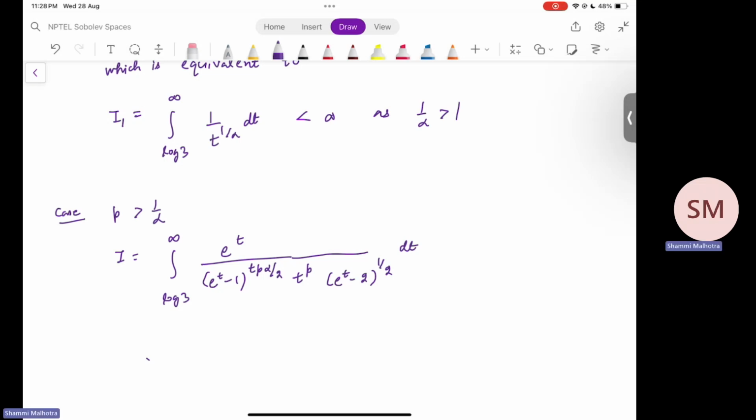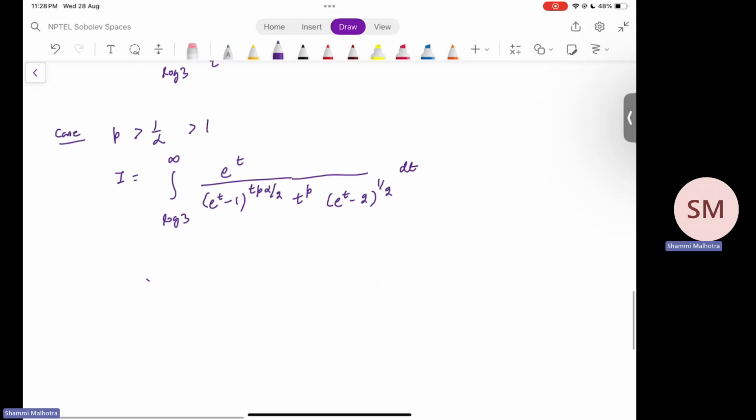So again, as we can notice that p is greater than 1 by alpha, and alpha is lying between 0 and 1, so 1 by alpha is greater than 1.